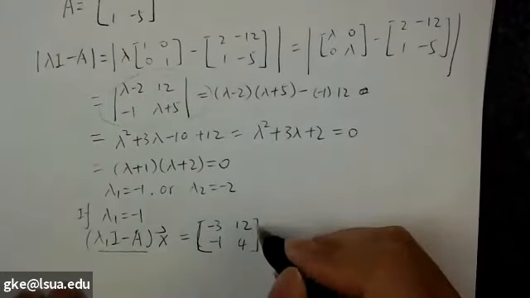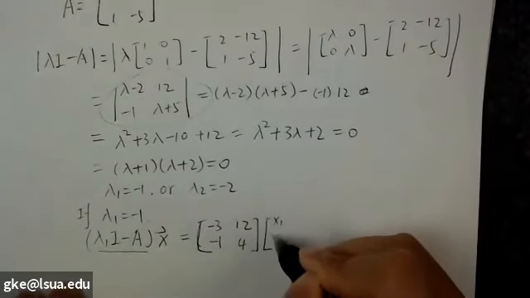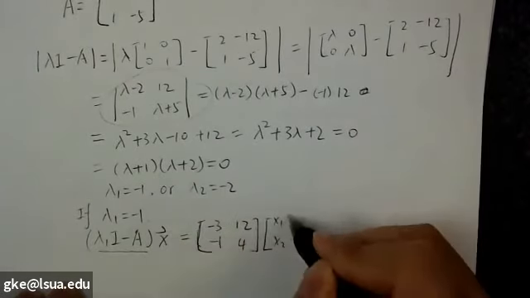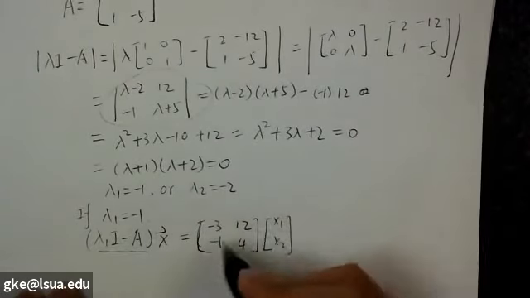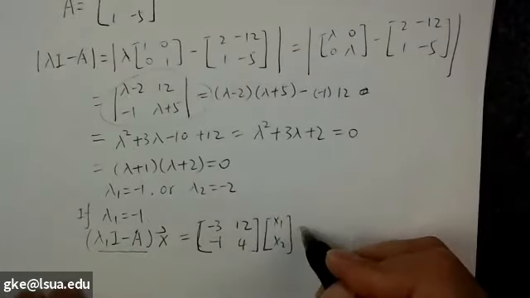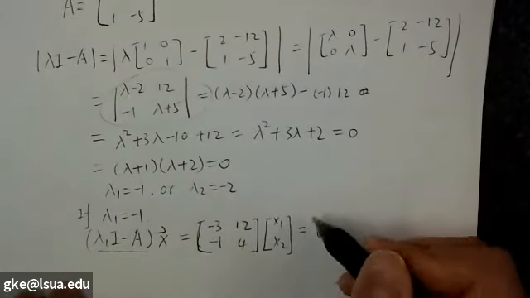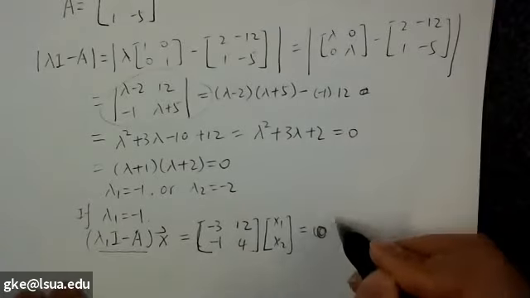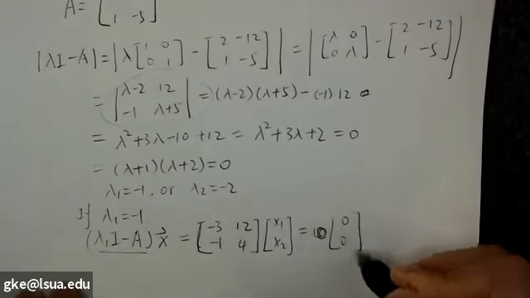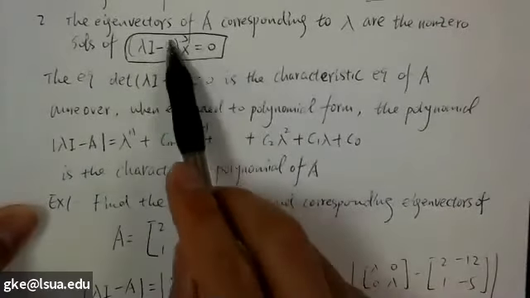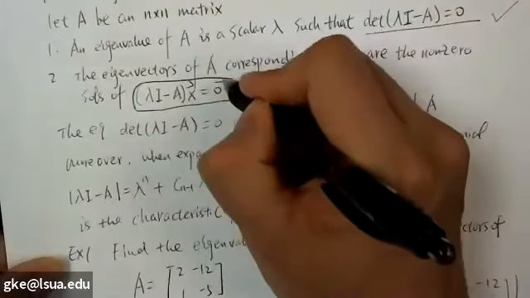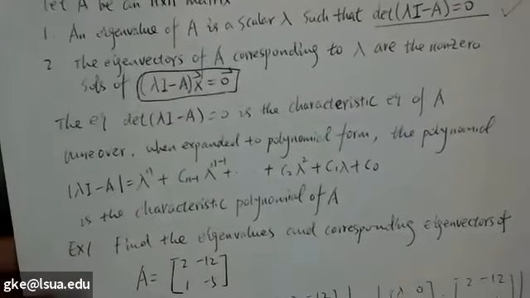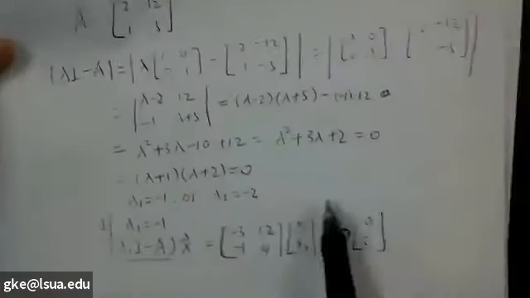Now we let the x vector, which has two elements, x1 and x2, such that the whole thing equals the 0 vector.